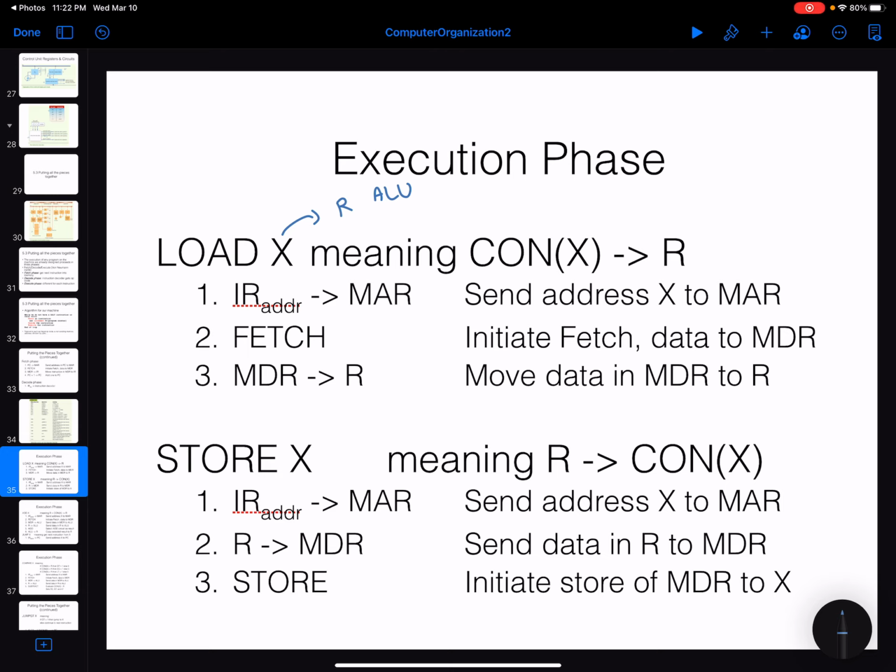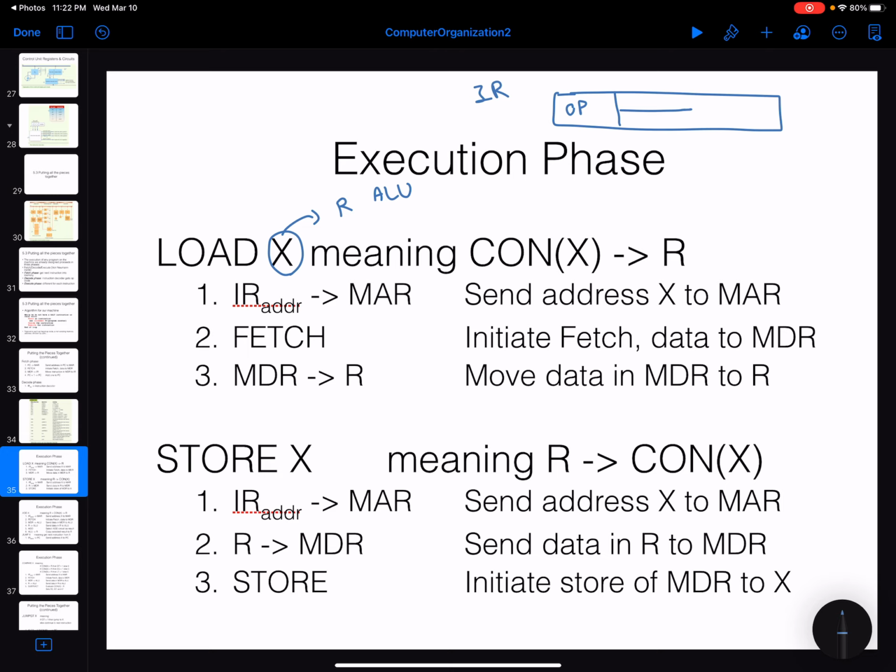So a couple of things need to be done. Where is this address X? The address X, remember the full instruction is inside the register IR, the instruction register. The first part of it was the operation code, right? And the rest depends on the length of the register and the length of each instruction that you have.